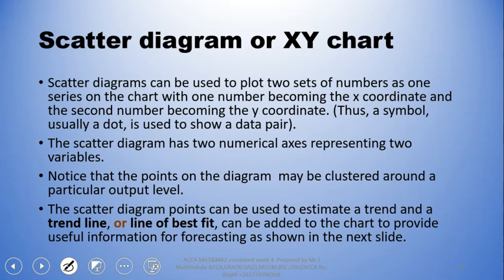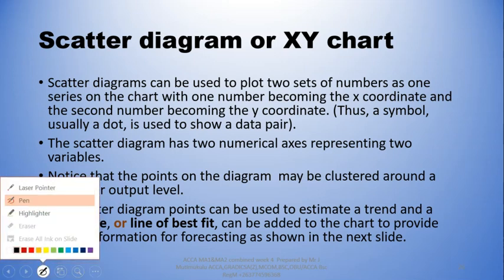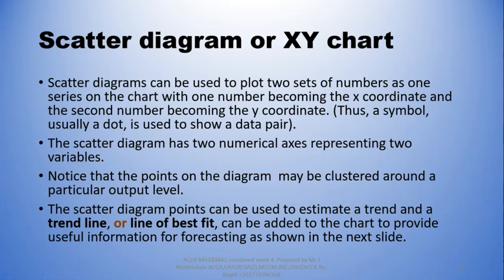Scatter diagrams or scatter plots or scatter graphs. Please do not be intimidated when you see in your exam it is written scatter plot or scatter graph. It's just one and the same thing.